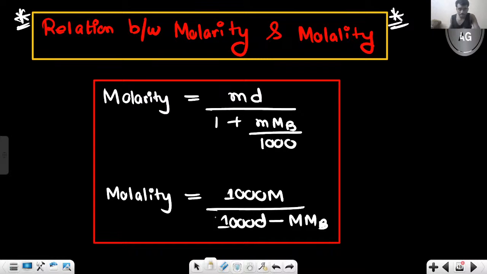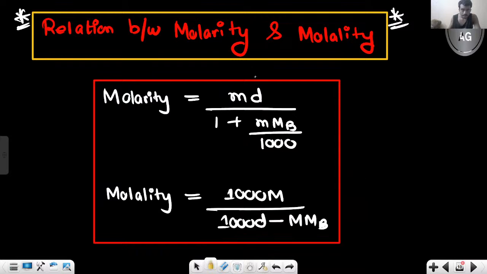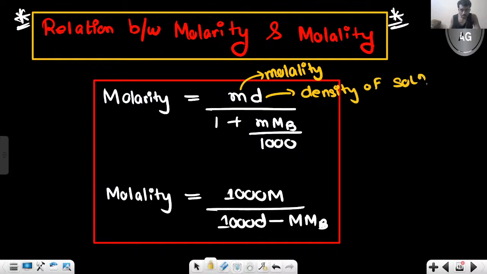Now variable গুলো কি সেটা আমি বলে দিই. Let us describe the variables. M stands for molarity. D stands for density of the solution. তাহলে কোশ্চেনে যদি ডেন্সিটি মেনশন থাকে তাহলে we can apply this formula because we need the density for this. MB কি?